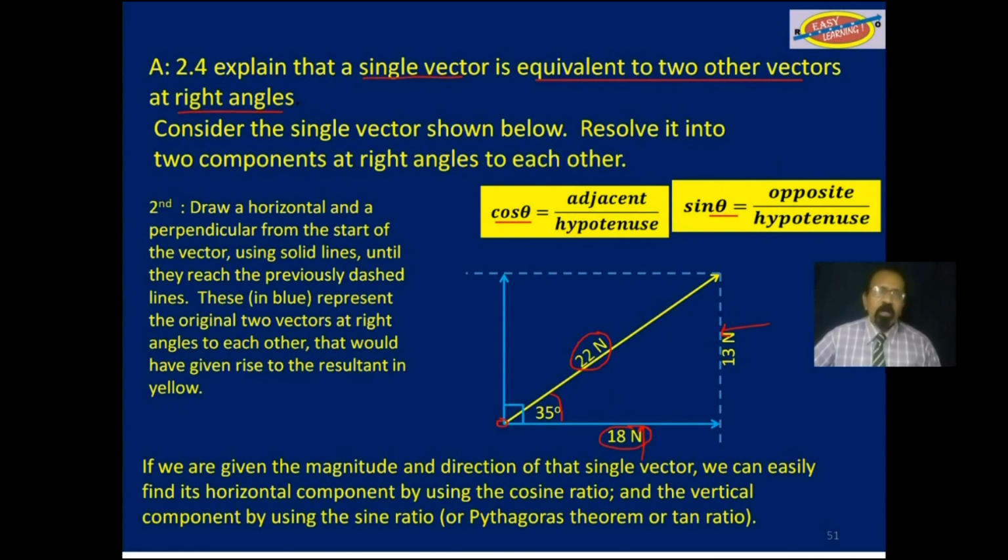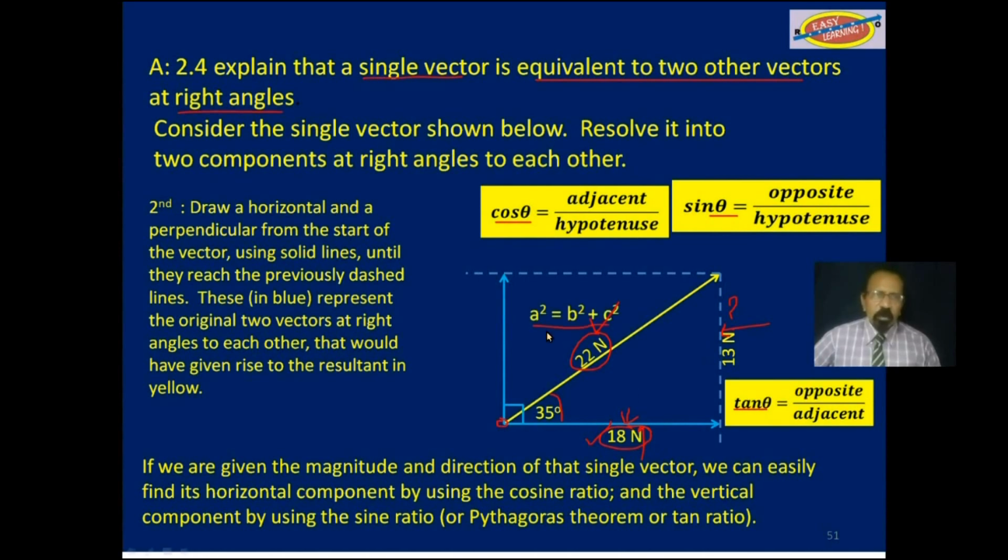We could have used Pythagoras' theorem after we got this and this to find that. But remember what I said about using original data. We can use tan, but to use tan, we will have to use one of these calculated values.